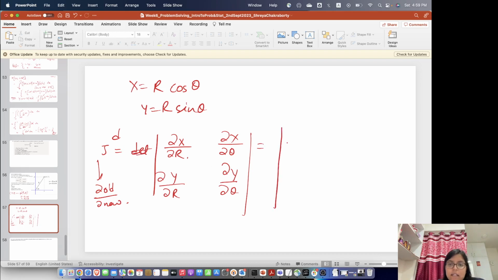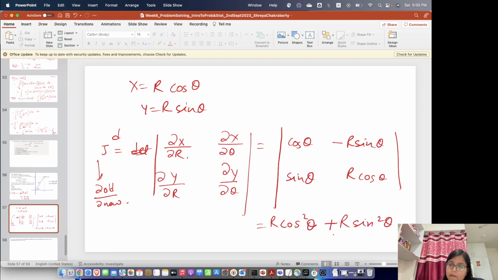Del x del r is cos theta, del x del theta is minus r sin theta, del y del r is again sin theta, and del y del theta is r cos theta. So then this will be r cos square theta plus r sin square theta, that is r.